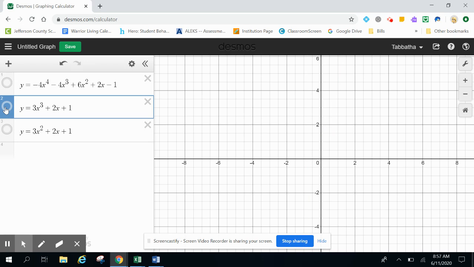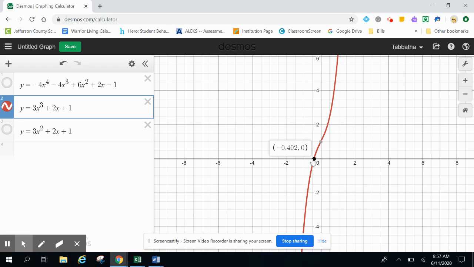Remember when we were working on quadratics and we would see graphs like this that does not cross the x-axis at all? That meant there were no real solutions. There were still solutions, we just had to use the quadratic formula to solve them, and they were complex or imaginary. So that highest exponent tells you how many total.